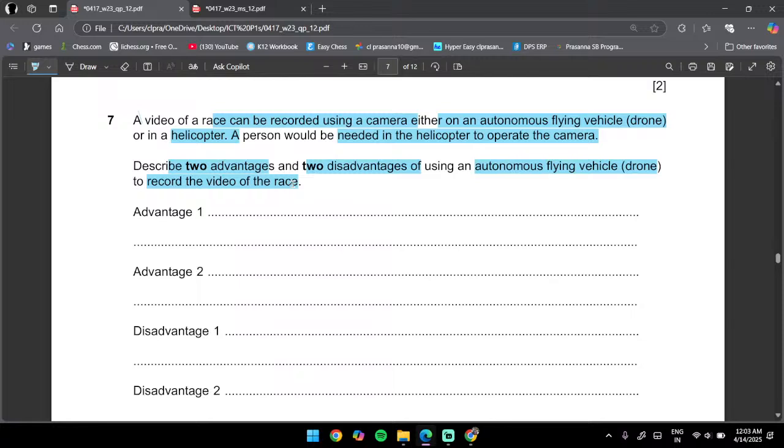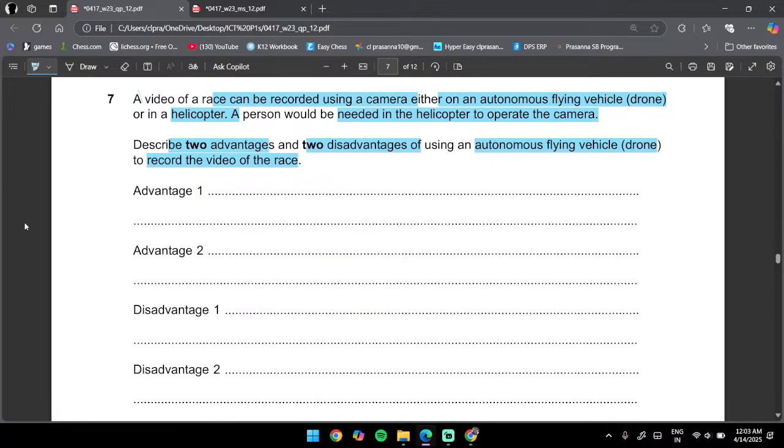Now, this was a question that came in my mock paper, if I remember correctly, the one that I recently wrote. When I was in the paper, I felt like the answers I was writing were not there. But then when I checked them, they were actually there. So even if you don't know the answer, try and think logically. For example, this was what I was thinking in the exam paper.